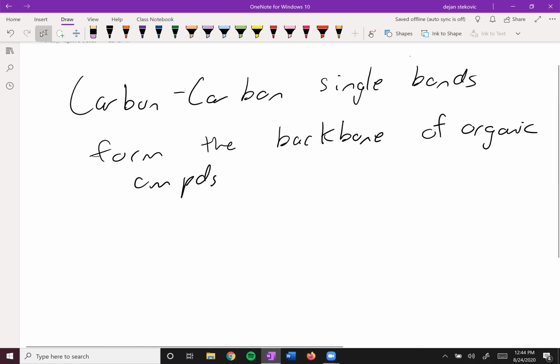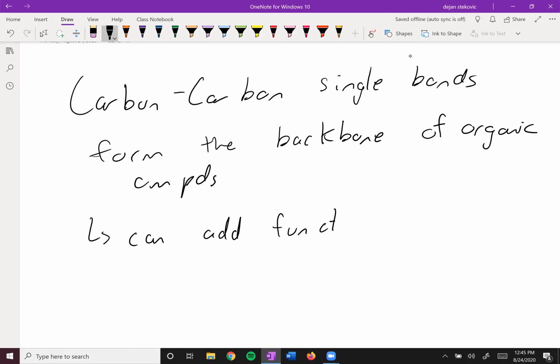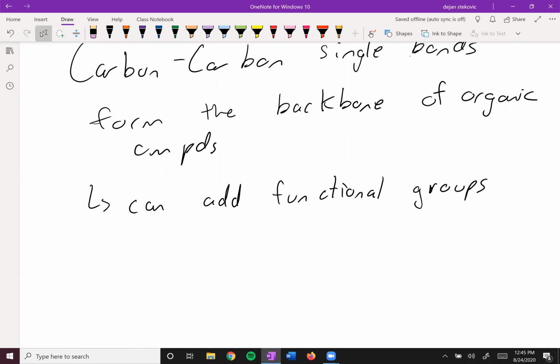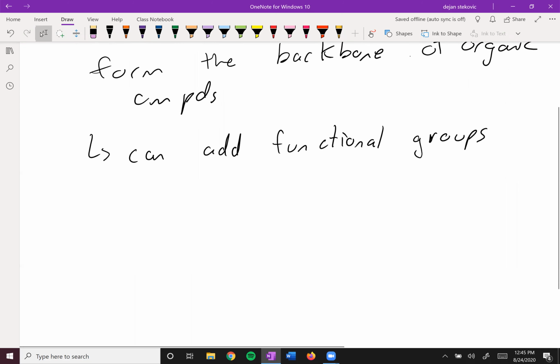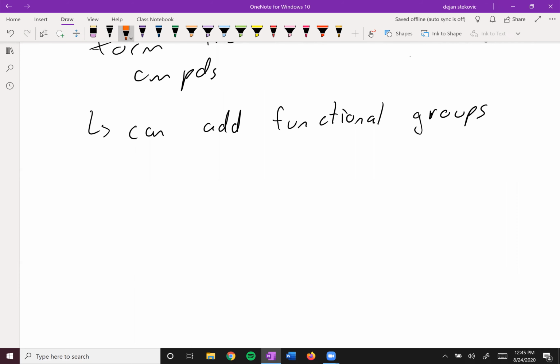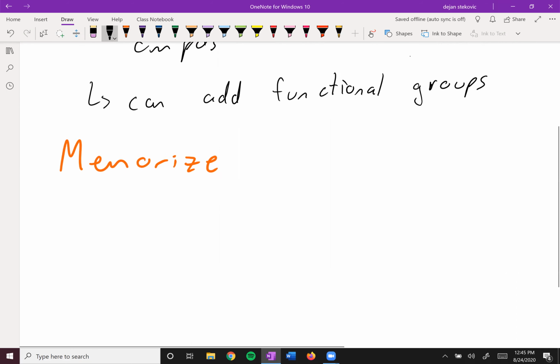In organic compounds, we can add what are known as functional groups. So these are just other types of bonds or other types of heteroatoms arranged in a specific way. And so we want to memorize all of these. There's quite a few, and this isn't even all of them, but these are the ones we're going to memorize.